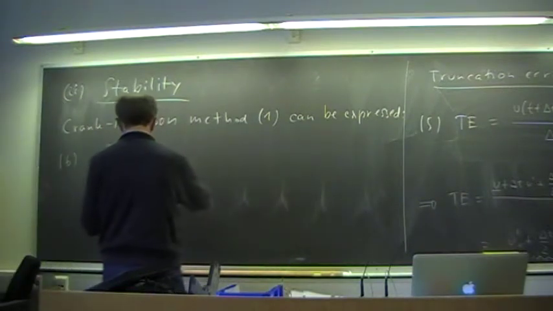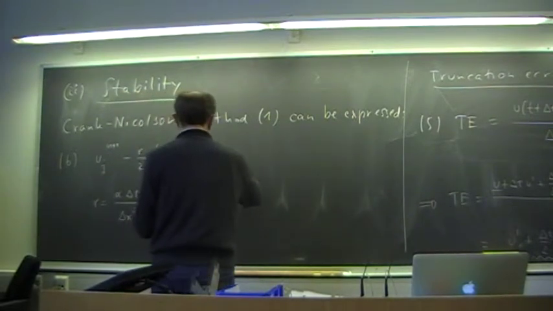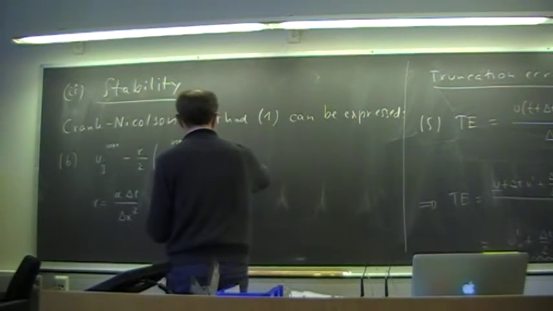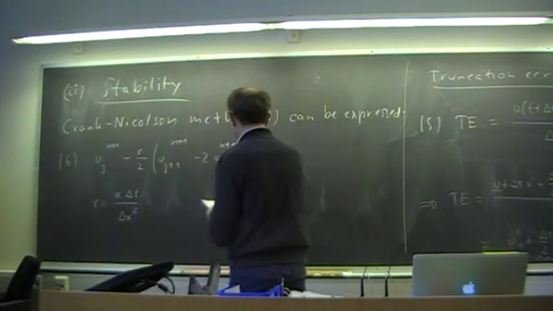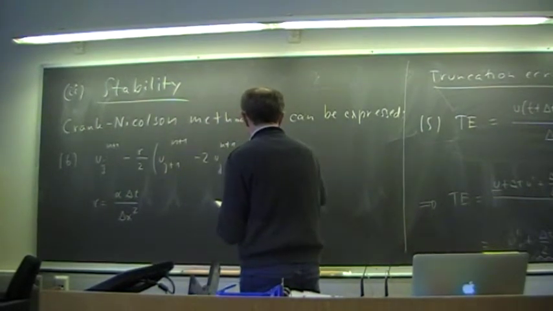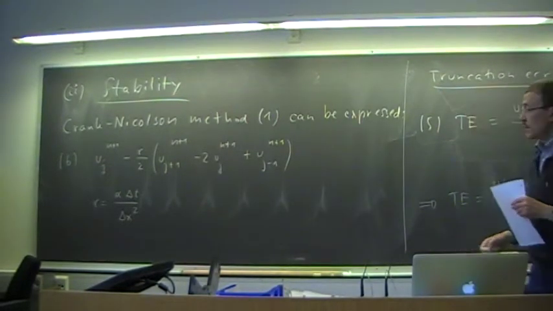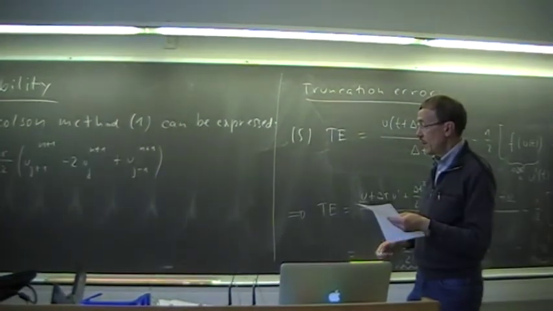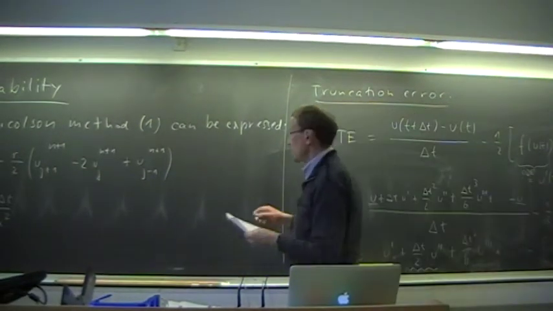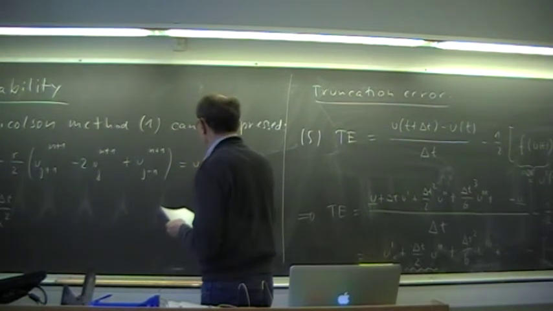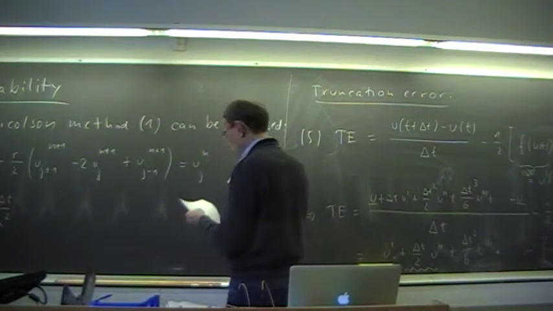And then we have what is coming from the discretization of the second space derivative at the new time level. So that is this, all at the new time level. And that is the usual second order discretization of the second derivative. So that will be on the left-hand side, and on the right-hand side we have the u j from the old time level.